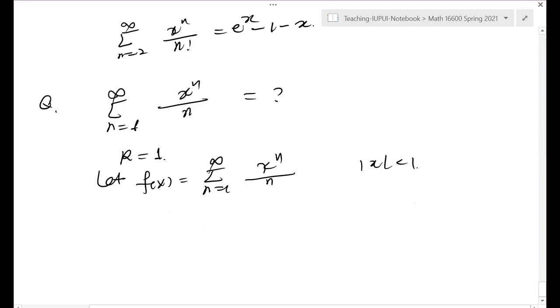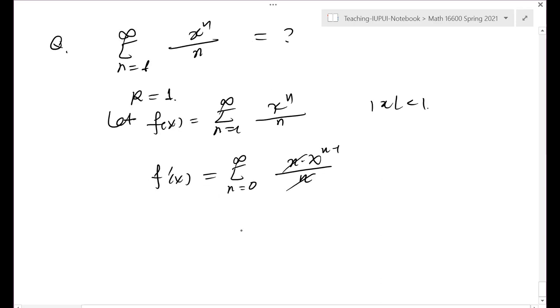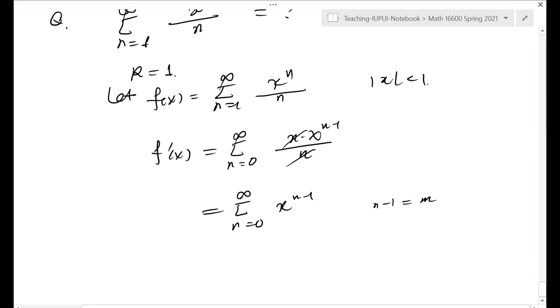But I want to look at, if f of x is that, what is the derivative? You just differentiate every term. Now the n cancels out, so you will get x to the n minus 1. So you change the index, let m be n minus 1.